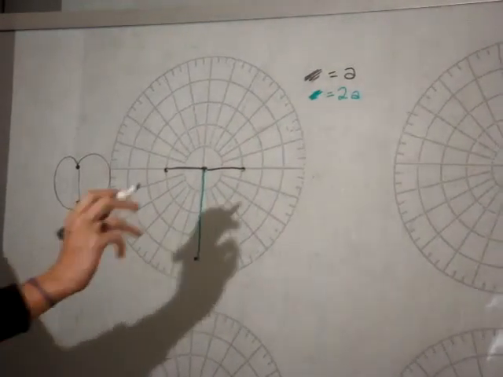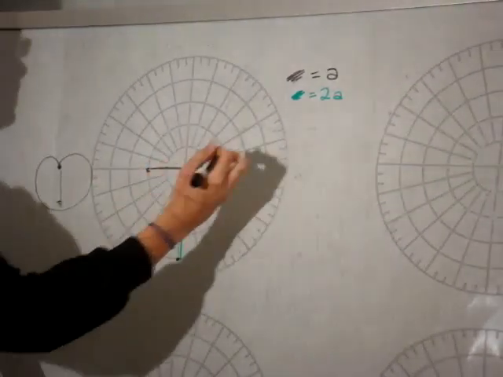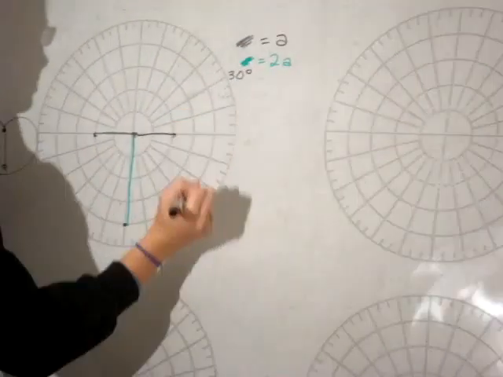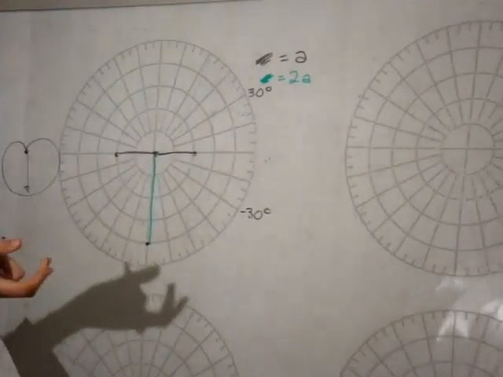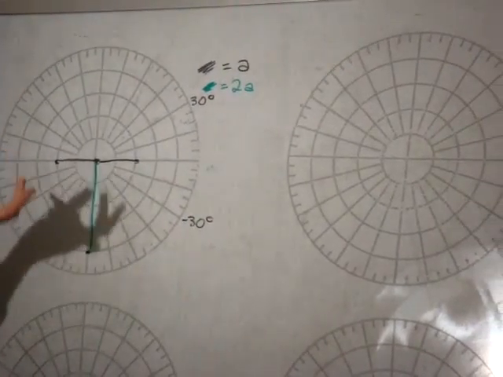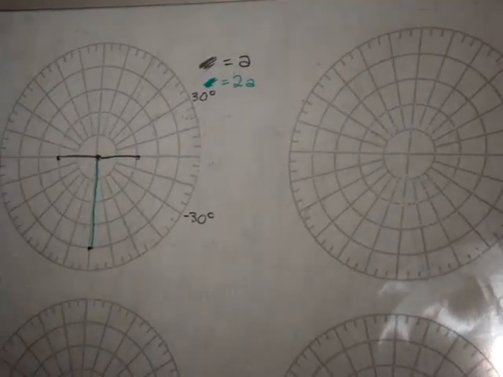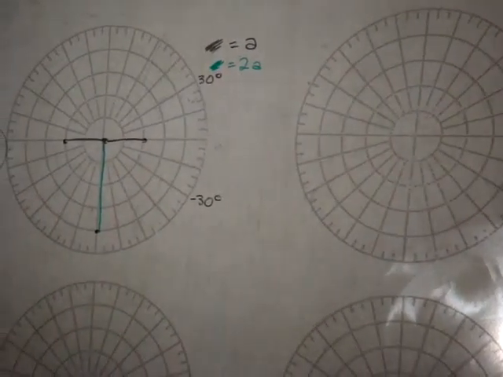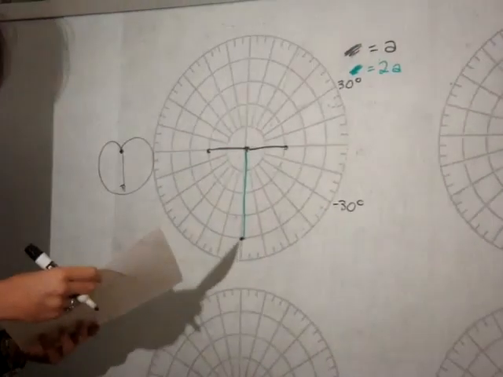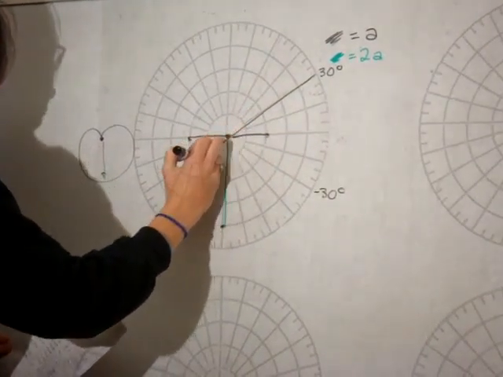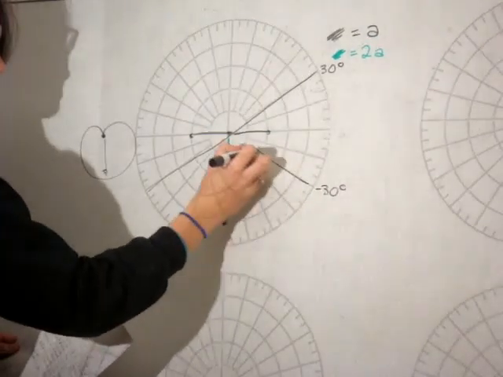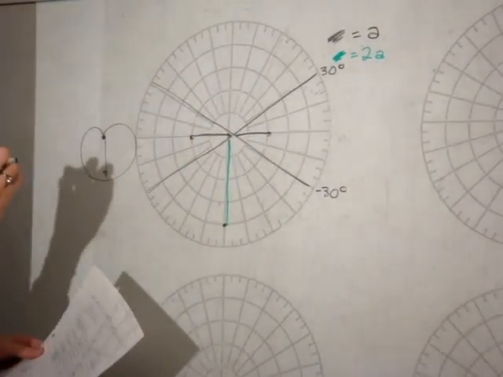And then because this is a sine, it always deals with 30 degrees and negative 30 degrees, because sine of 30 is 1/2. And when we're dealing with cosine, it always deals with 60 degrees and negative 60 degrees, because cosine of 60 is 1/2. So we're dealing with this line across here and this line across here.